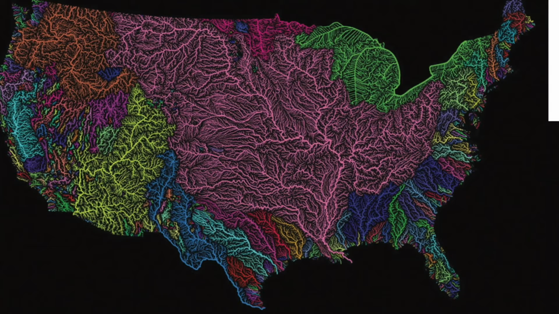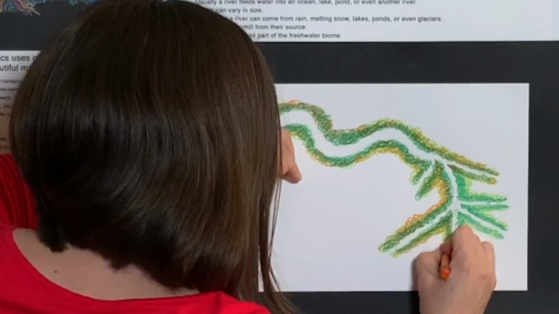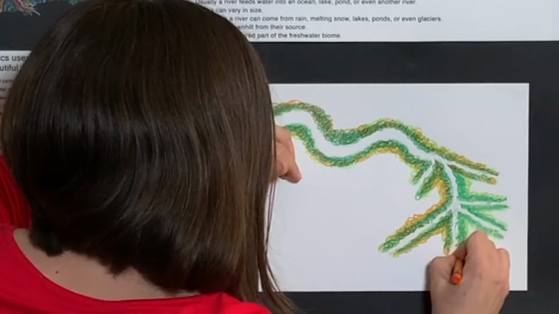They're called streams and tributaries, and they flow down the land and down toward the coast, wherever they are. And there are river deltas all over the world.